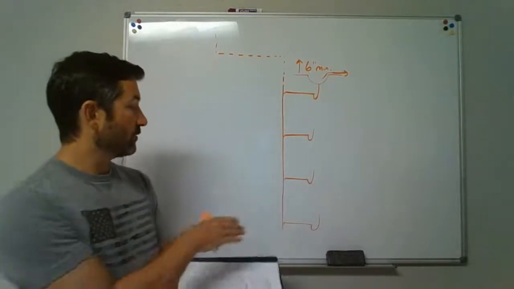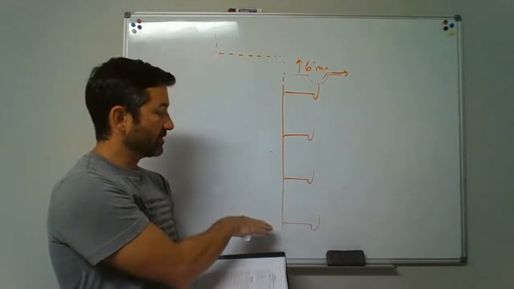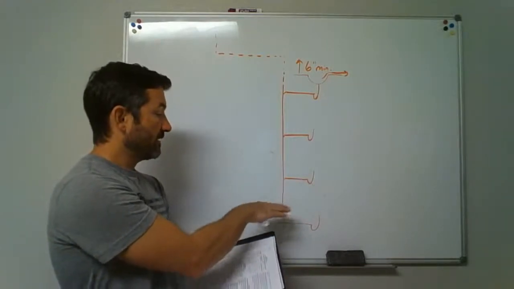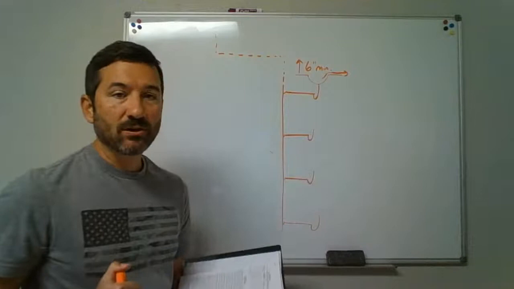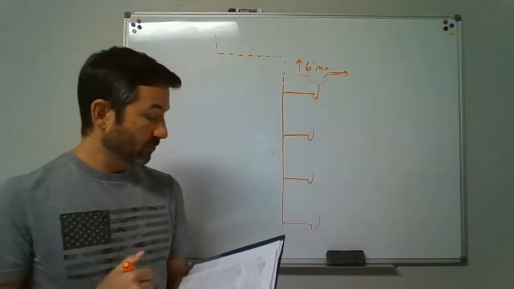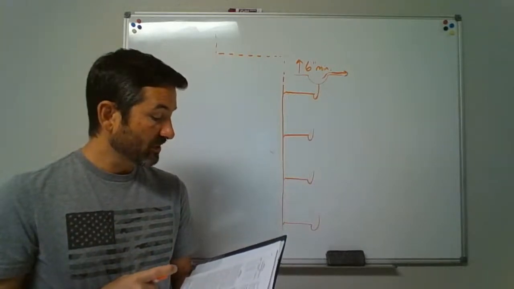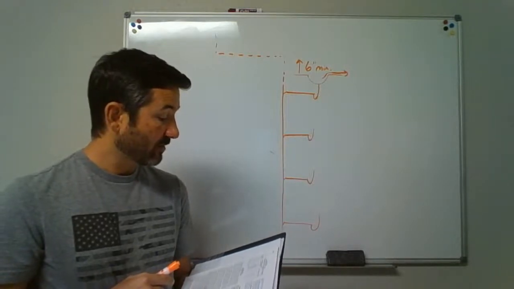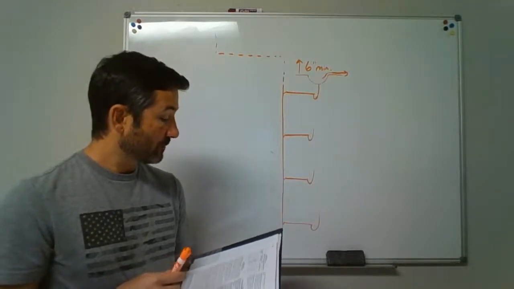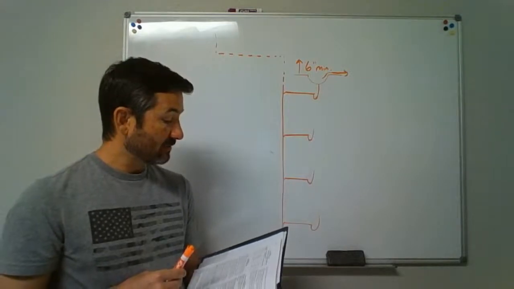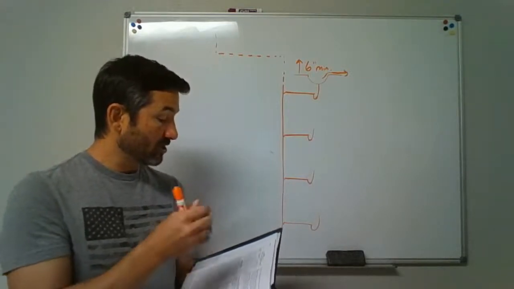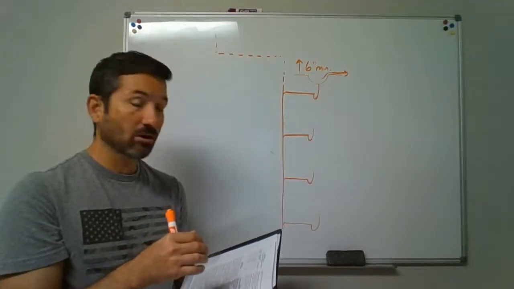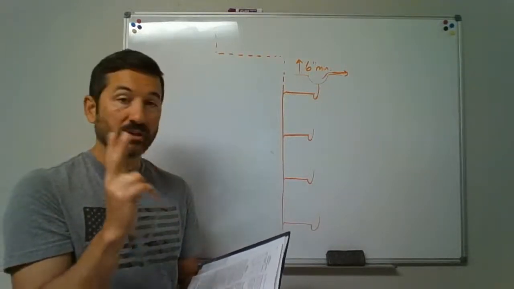A branch interval, we talked about in the definitions, is basically a floor level or a separate tie-in that's at least 8 feet apart, so plumbing on each floor level. And then the total discharge for the stack. So if we had a 1.5 inch stack, it could have a branch interval of 1 coming in, but the total discharge for the stack is going to be a total of only 2.